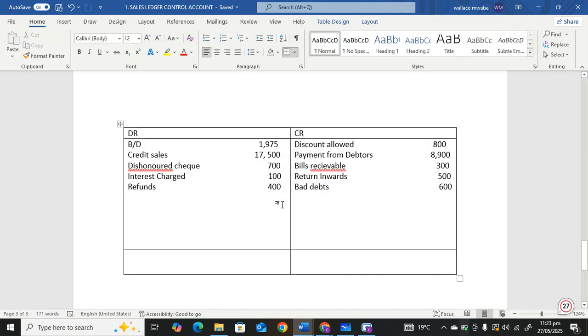What do we get? One should calculate debit side, someone else calculate credit side. 800 plus 8,900 plus 300 plus 500 plus 600.